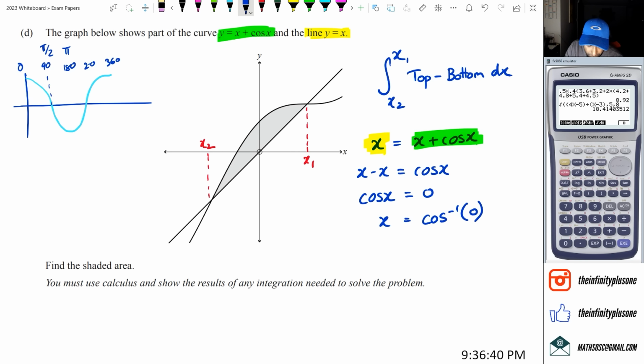At pi over 2, cos of pi over 2 is equal to 0. We've actually got two points here, so we get pi over 2 for x1 and negative pi over 2 on the other side. So there are two values we can see here.